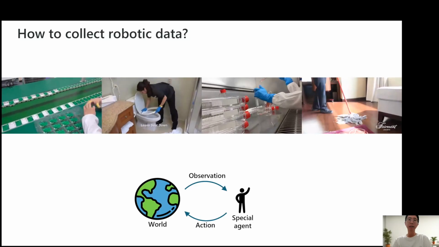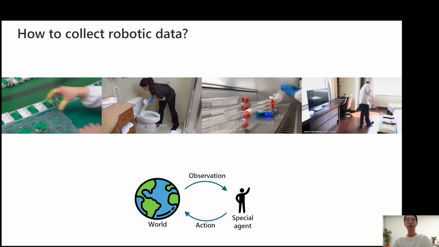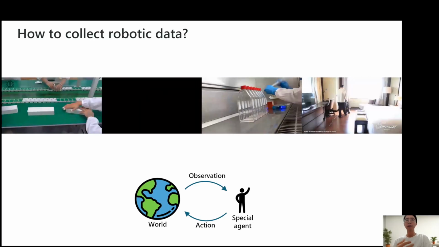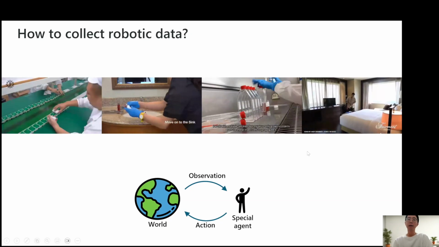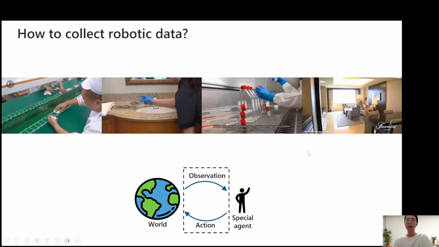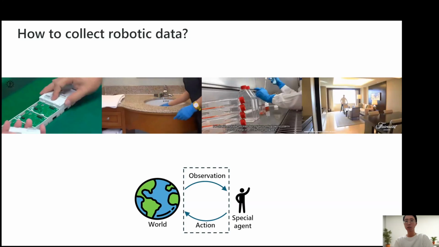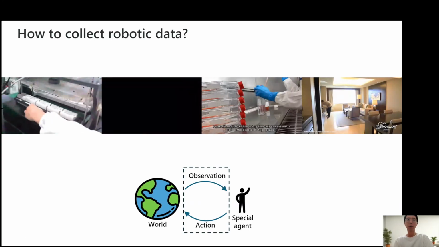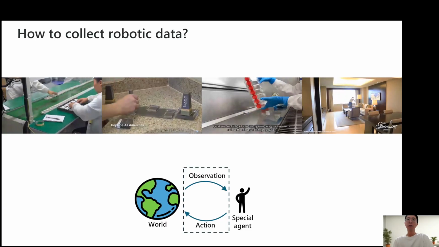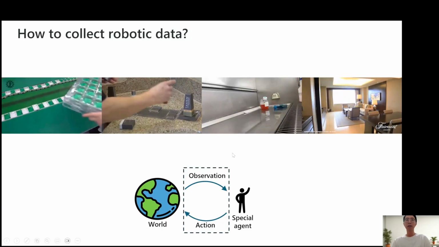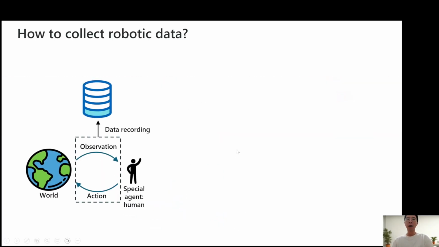It means that the data is generated, but the big problem is that it is not recorded. What if there's some way to record our daily observation, not just visual observation, but also tactile information, and also our actions? Then we can use this data to train a policy and probably deploy the policy onto a humanoid robot.